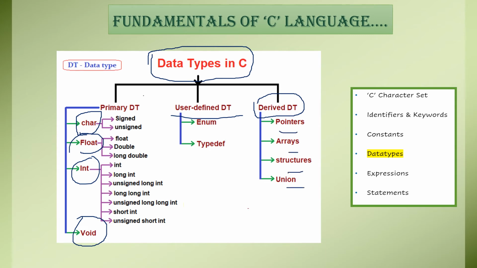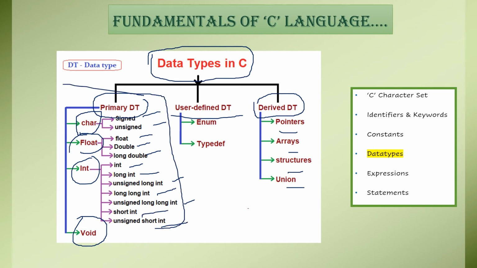And in primary data types, character, float, int, these all are further divided into signed and unsigned. And float, double, long double, int, long int, unsigned long int, short int, and unsigned short int. And the range depends on what type of data type we are using.